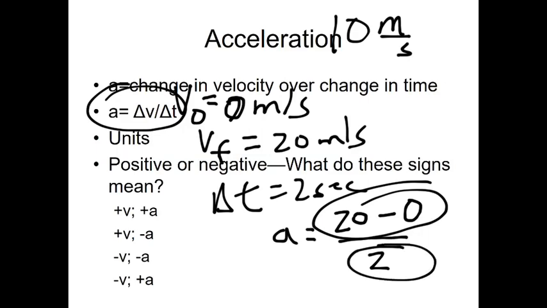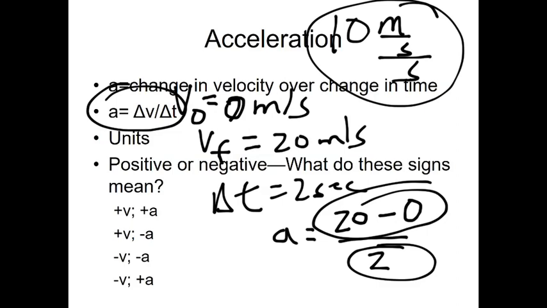The stuff on bottom was time, so that's seconds. So one completely correct way of writing acceleration is what you see here, 10 meters per second per second. And what this tells you is that every 1 second, the speed changes by 10 meters per second.